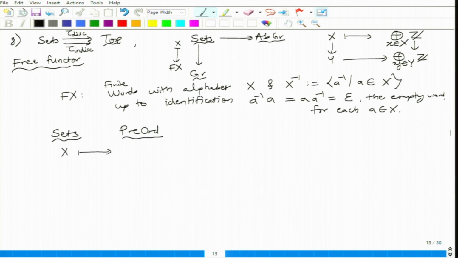The smallest reflexive relation, the diagonal relation. So that's X comma delta X. I'm writing delta X for the diagonal relation, pairs a comma a, where a belongs to X.